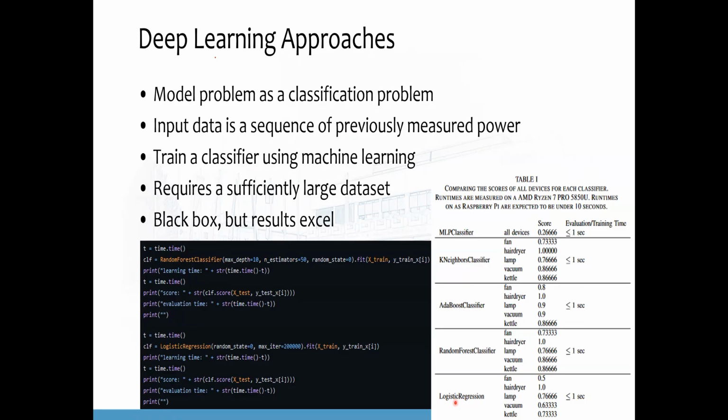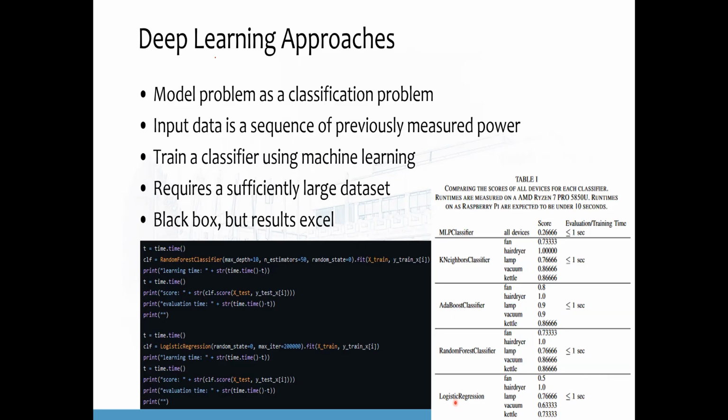If you have this, you can train a model, a neural network model, to classify based on the current measurement. Plus, typically there is a moving window of like the last n measurements that are taken. They are fed into the model, and then the model tells you which devices most likely have been enabled or disabled, being on or off, or being in whatever state for this given point in time.